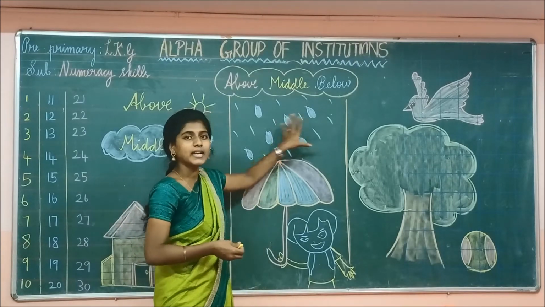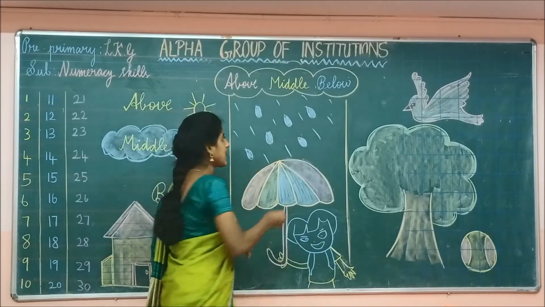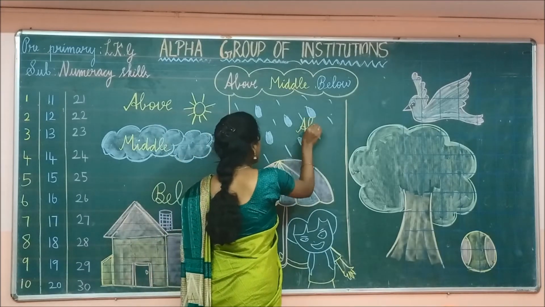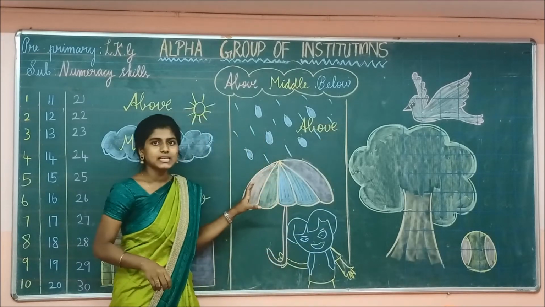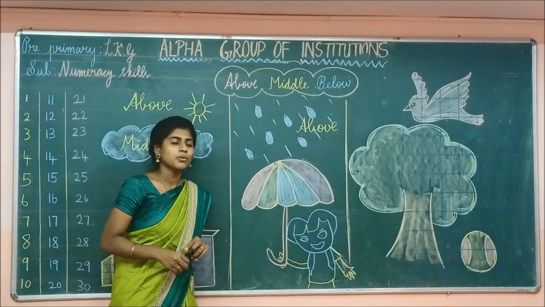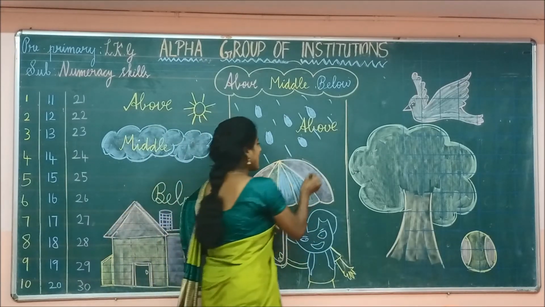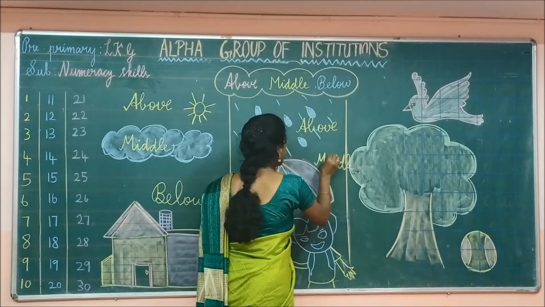Shall we write the raindrops are above the umbrella? A-B-O-V-E. Above. The umbrella is in the middle of the raindrops and Dora. Shall we write middle? M-I-D-D-L-E. Middle.